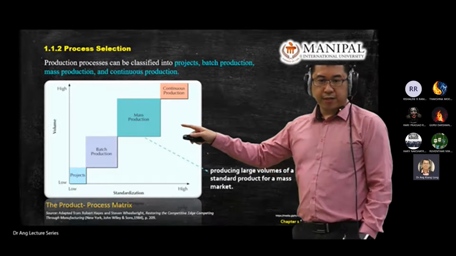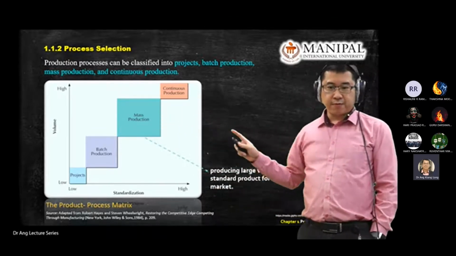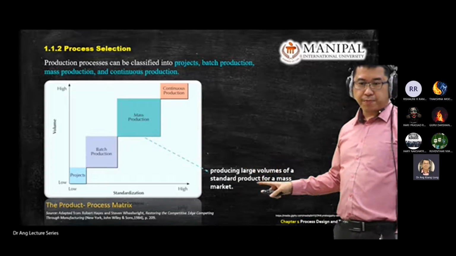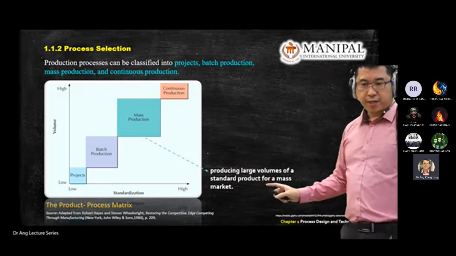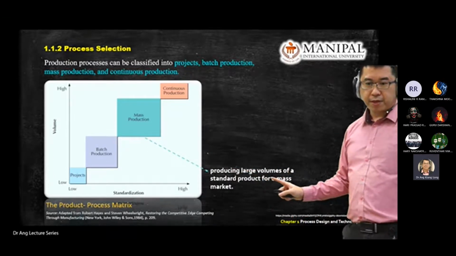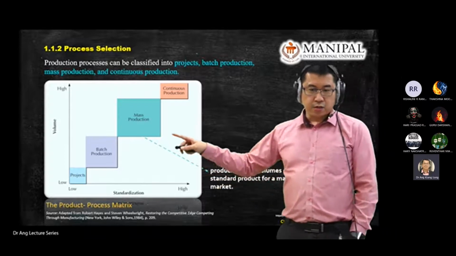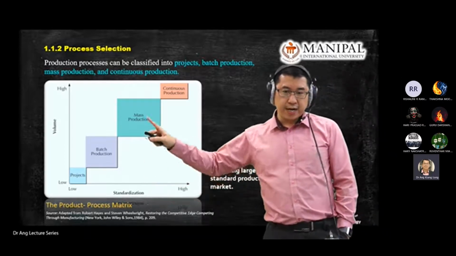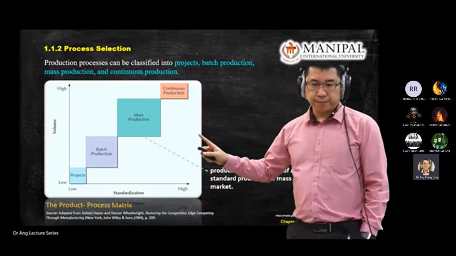The third one, mass production. The word mass itself means large volume. So you can see if you fall under mass production, you will have a large volume of both standard. Okay, so it's quite high for standard, quite high for volume.